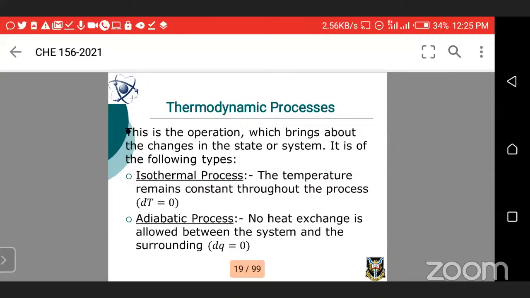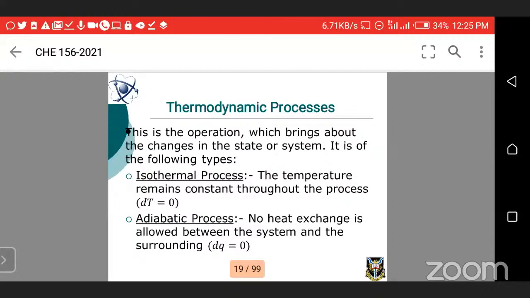Number one, we could have an isothermal process. The temperature remains constant throughout the process. Isothermal, it is constant. There is no change in temperature. So the delta T, the change in temperature, equals 0.